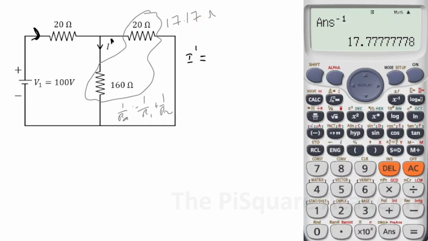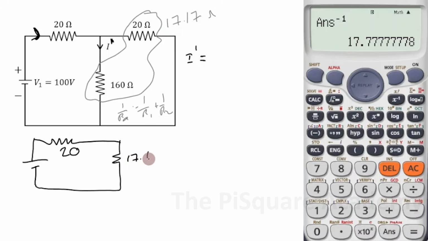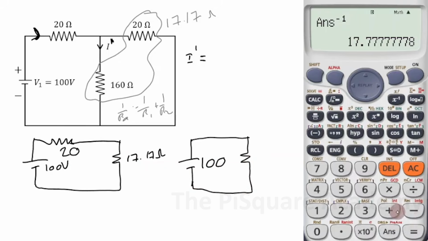Let me quickly redraw it. So this is 20 ohms, and the new resultant we got is 17.77 ohms. This is 100 volts as it is. Now these two are in series: 20 plus 17.77 gives 37.77.